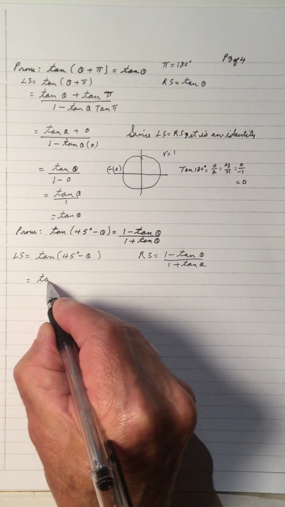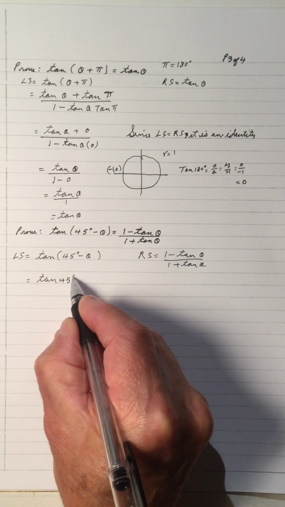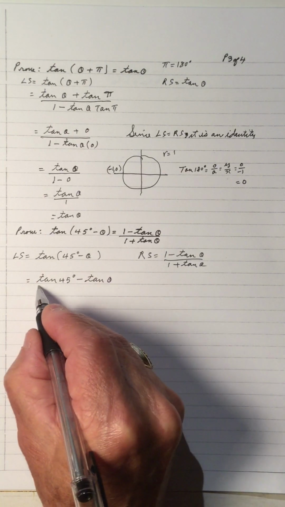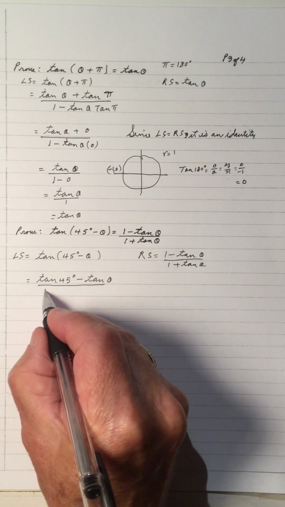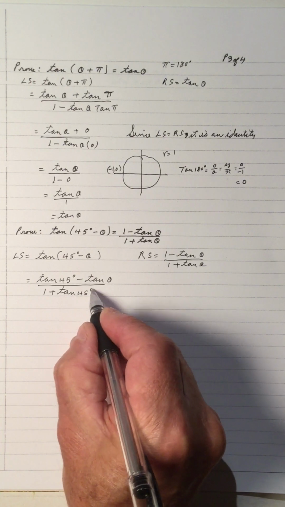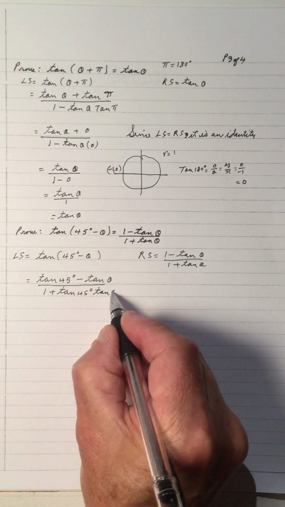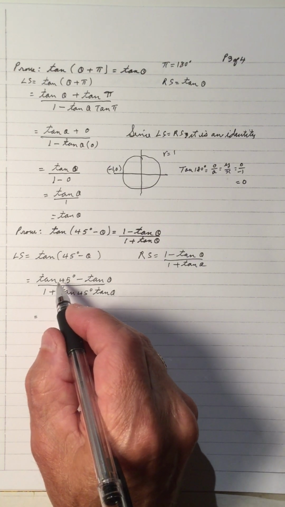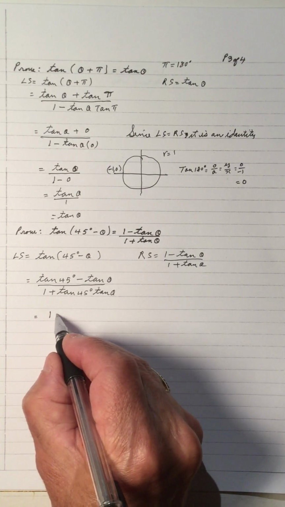So this is the tan 45 minus tan theta all over 1 plus tan 45 tan theta. And the tan of 45, you can use your calculator, it's 1.